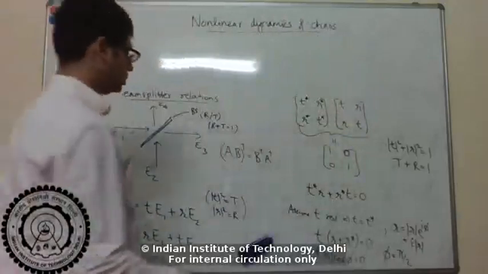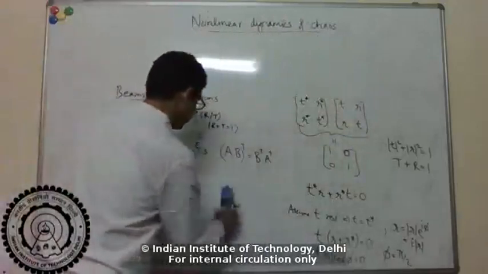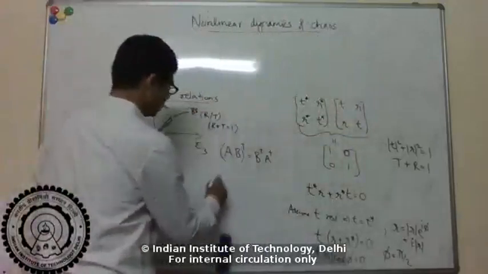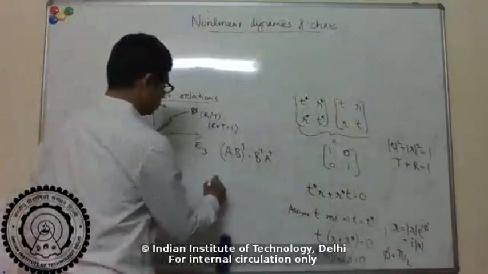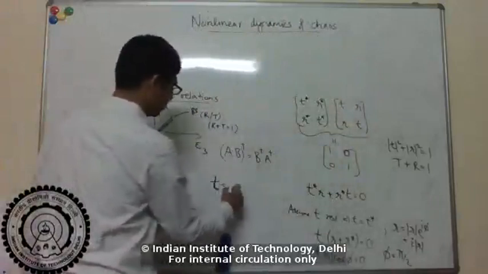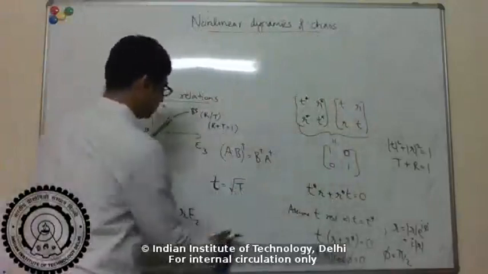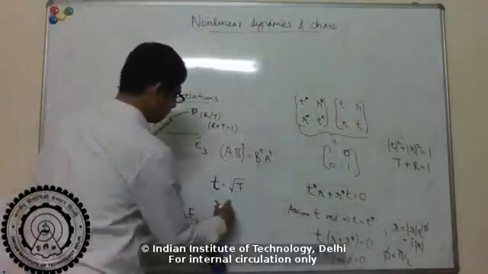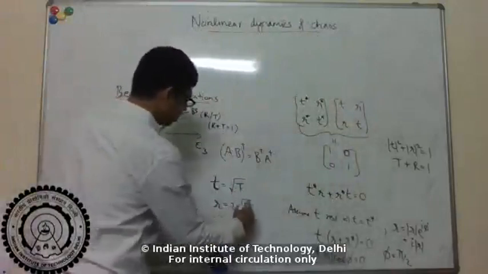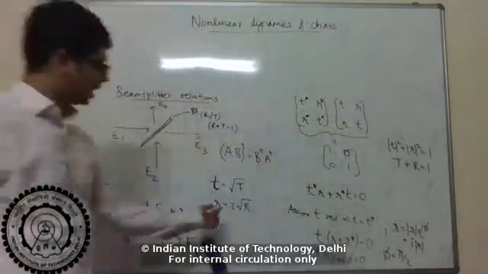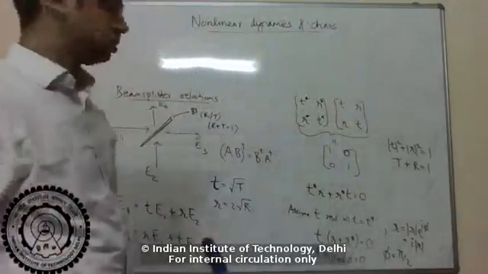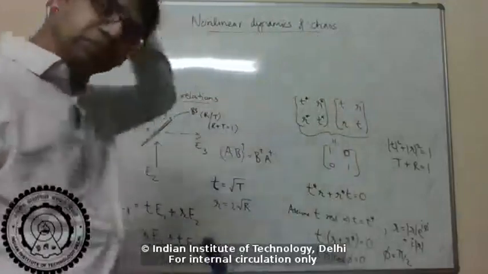Okay, so in other words, if I want to write the amplitude coefficients in terms of the power coefficients, I can write T as square root of T, but R I have to write as I times square root of R. I can't just take the square root, right?